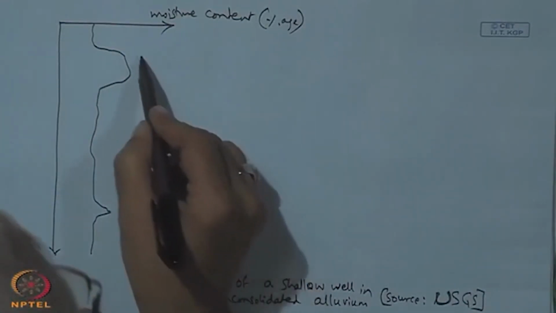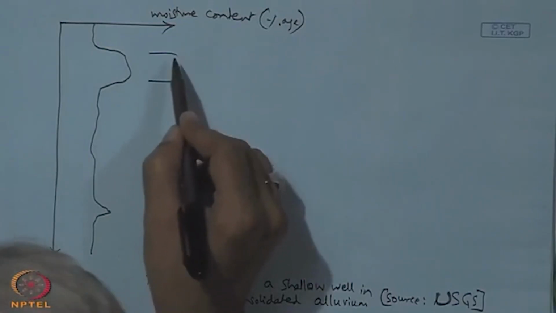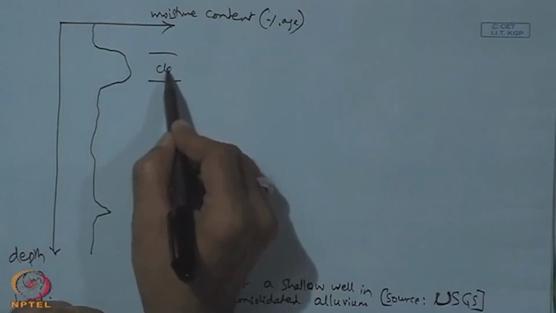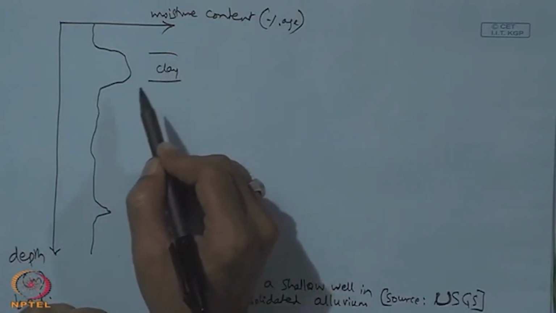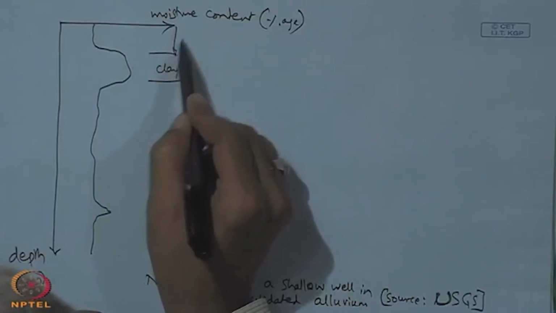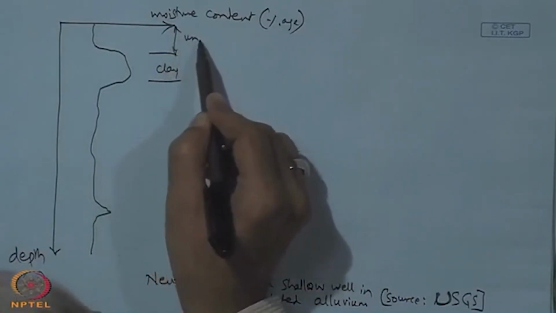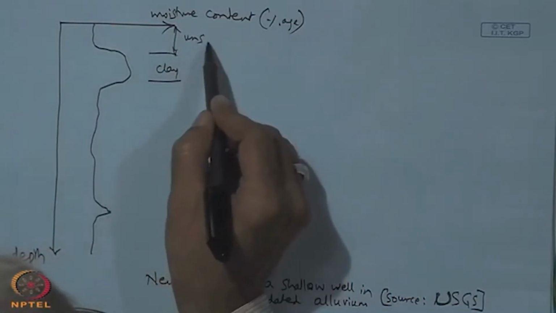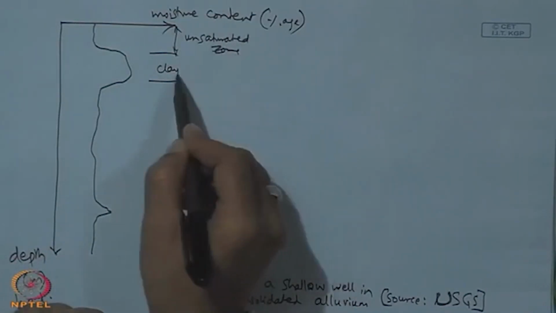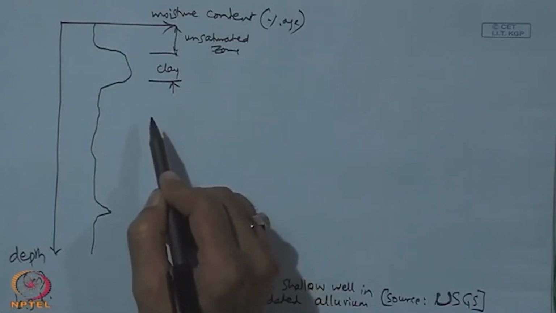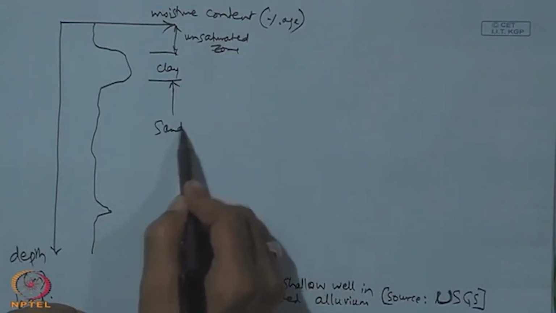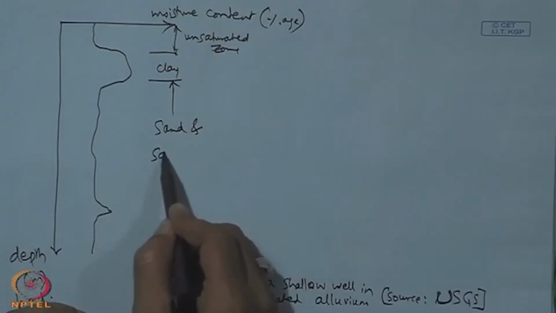Based on this, if the moisture content is more, it indicates clay, and here it indicates an unsaturated zone, and here this is sand and sandy silt.